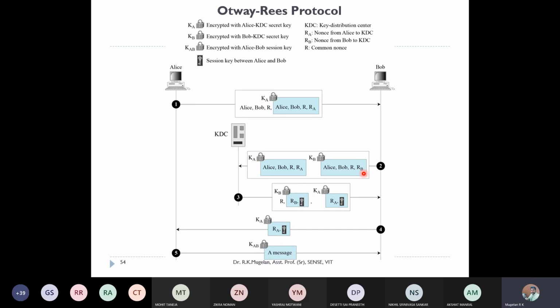Once KDC receives both packets and ensures both are registered, it can open both packets and send the data, having the common nonce outside, and the KB and KA encrypted values. Inside KB it has the nonce RB and the session key, and inside the KA packet it has RA, the nonce known to Alice, and the session key for Alice.